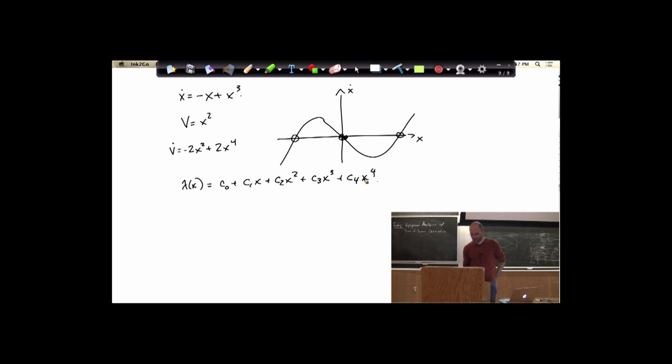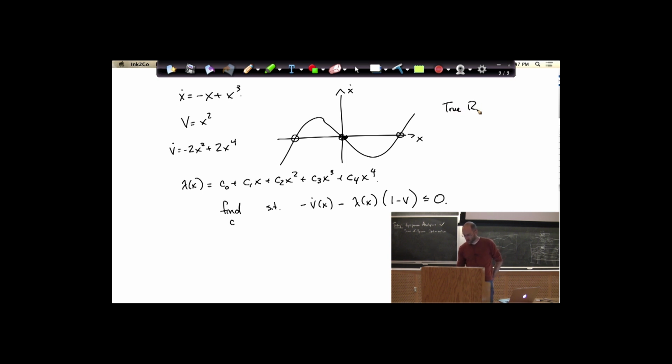Okay, and I'm going to say find the coefficients c subject to this thing being negative semi-definite in the region I care about, which is equivalent to saying the part I care about is when V is less than 1, right?